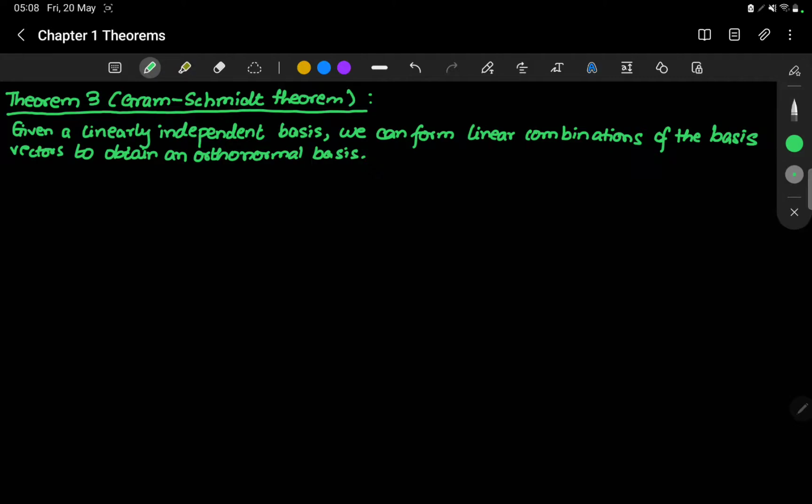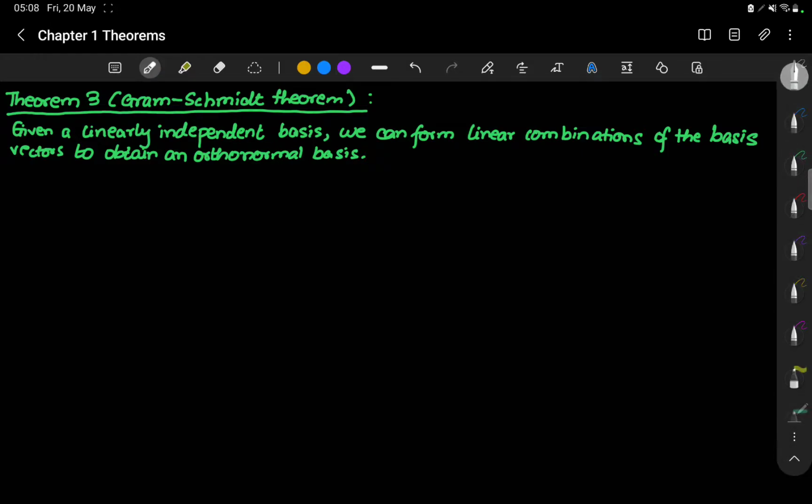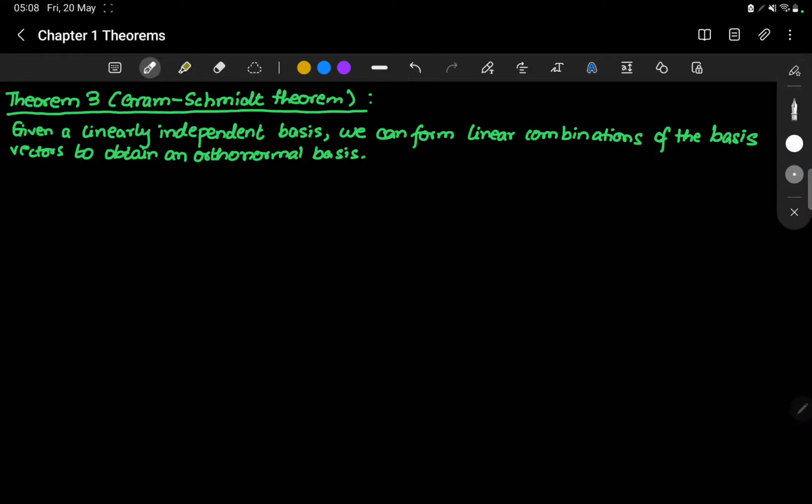We have seen this in a few of the previous videos, so let us focus on the proof in this one. Let us start with a given set of basis vectors, which need not be orthonormal.